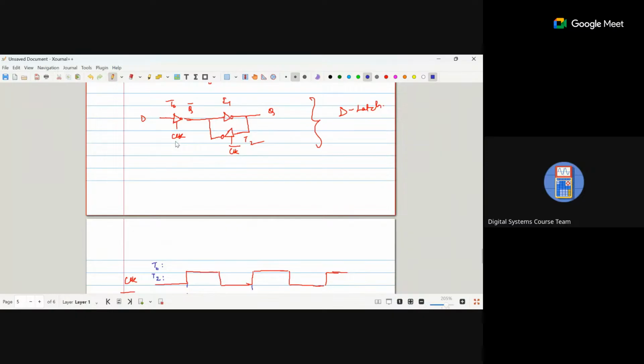T0 is positive, T2 here is negative. So now T0 at this point will be opaque or transparent. T0 is opaque and T2, okay, let's say this is positive here. Okay, now this is positive.